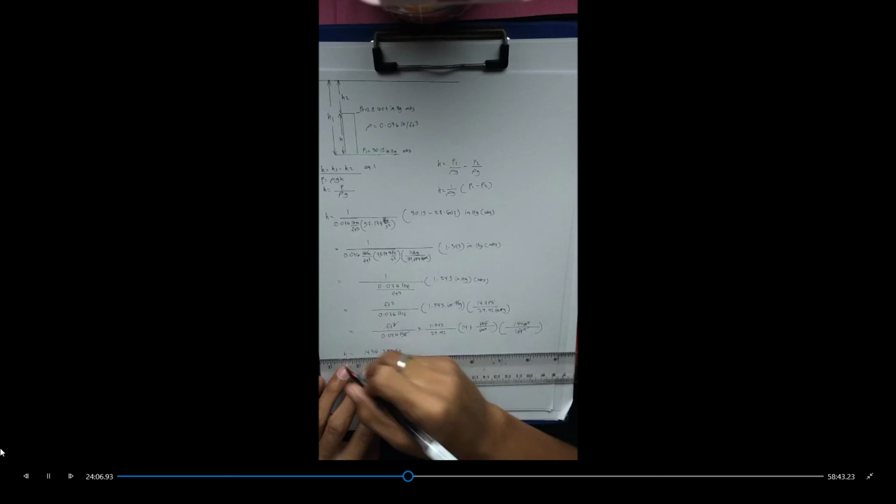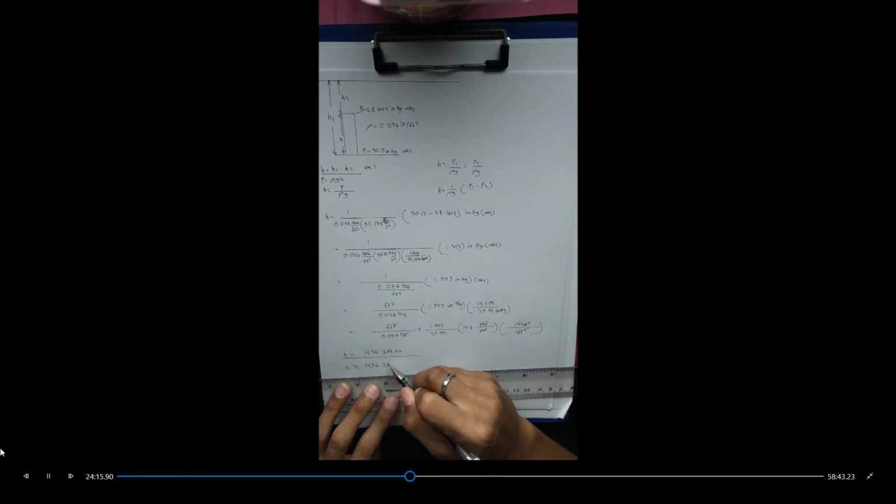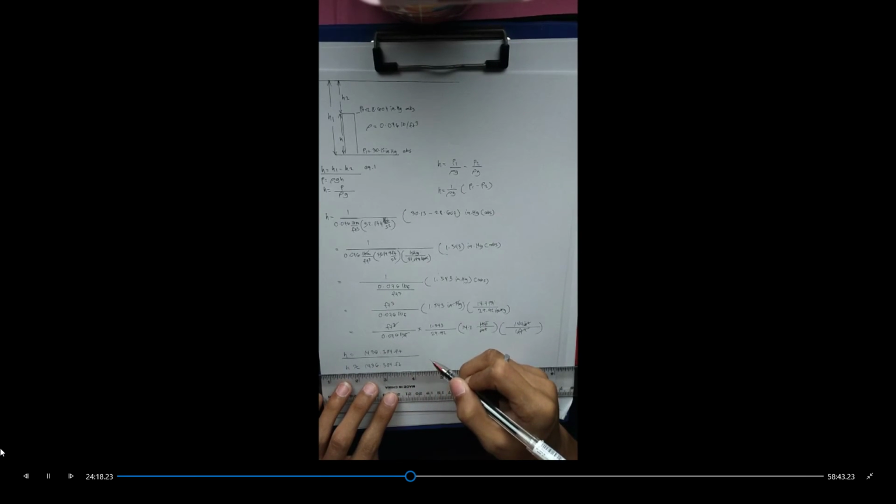So that means the height of the building is approximately 1436.384 feet. So that's for the question on problem number 3.